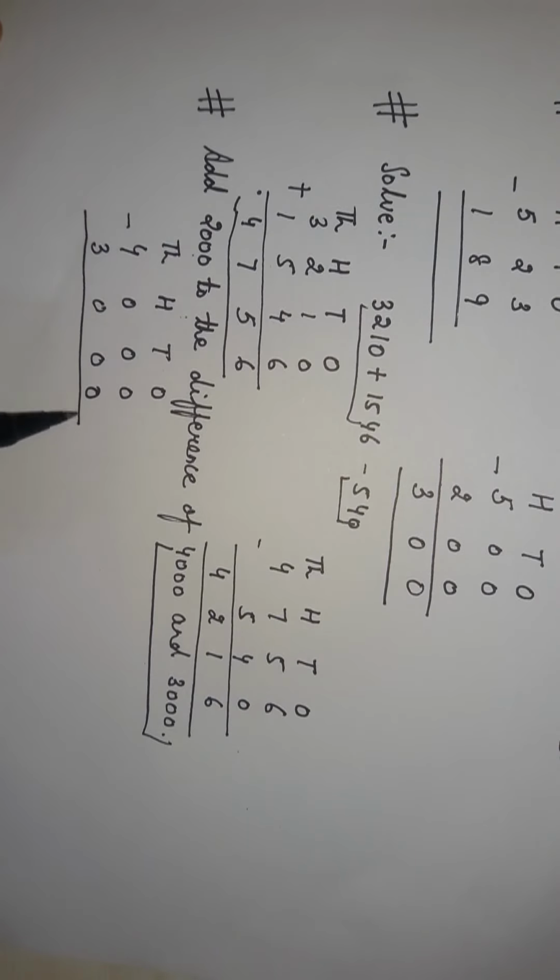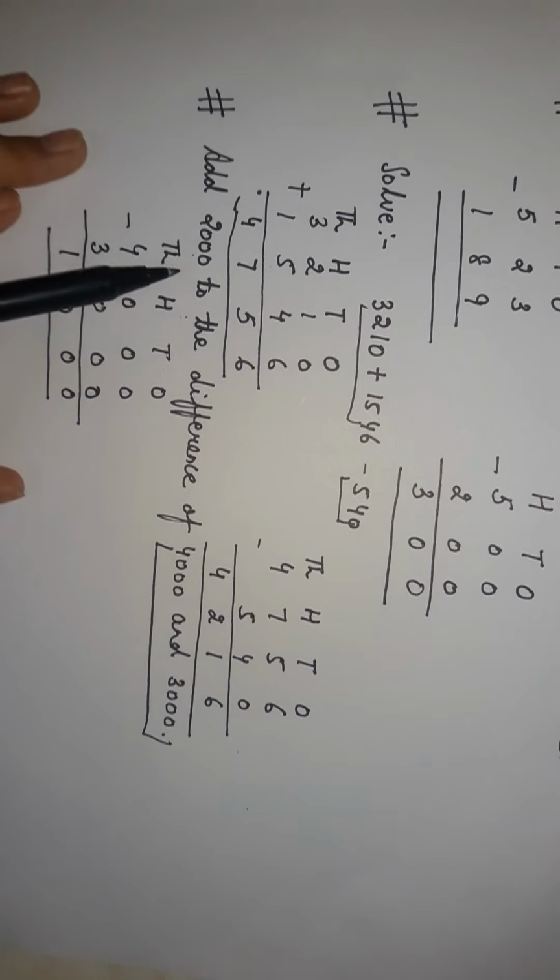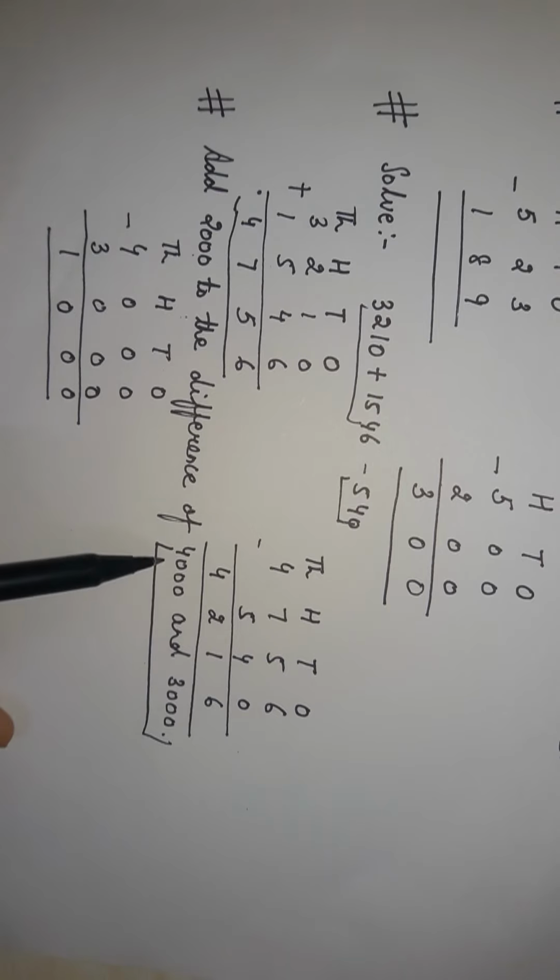Difference means to subtract, so here it will come 0, 4 - 3 is 1. So हमने इसका फर्स्ट पार्ट सॉल्व कर लिया. We have to add 2000 to the difference of 4000 and 3000. First of all, 4000 and 3000 का आपको निकालना है डिफरेंस. It means you have to subtract these numbers. The answer is 1000. अब इस डिफरेंस के आंसर में आपको 2000 ऐड करना है.